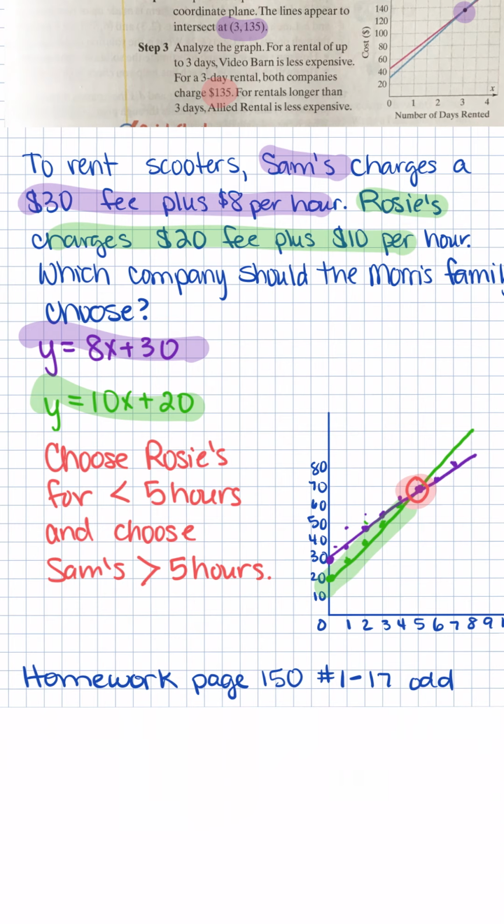It costs $70. And at that point, if you want to go more than 5 hours, you should choose Sam, because Sam's turns into the better deal. So choose Rosie's for less than 5 hours and choose Sam for more than 5 hours.